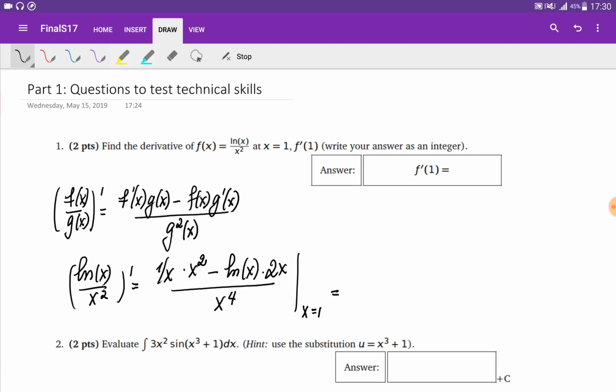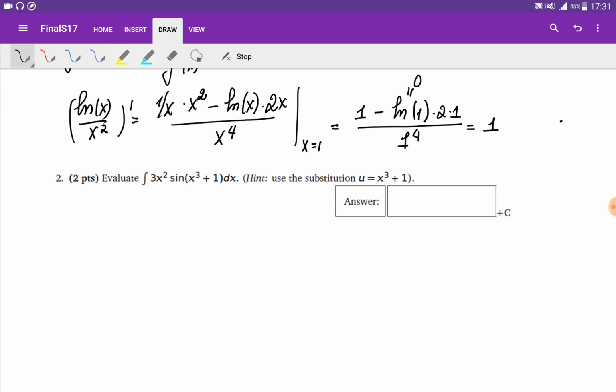Let's substitute 1 for all x's here. It's going to be 1 minus ln of 1 multiplied by 2 multiplied by 1, divided by 1 to the power of 4, or simply this is equal to 1, since ln of 1 is equal to 0. So the answer is 1.